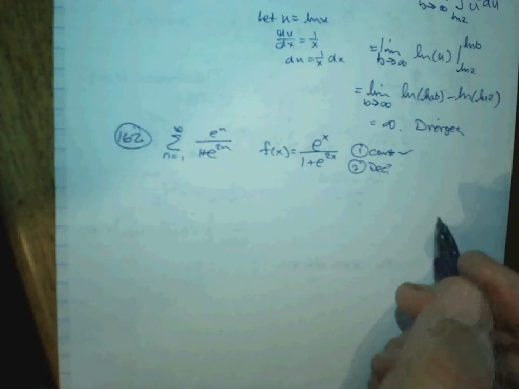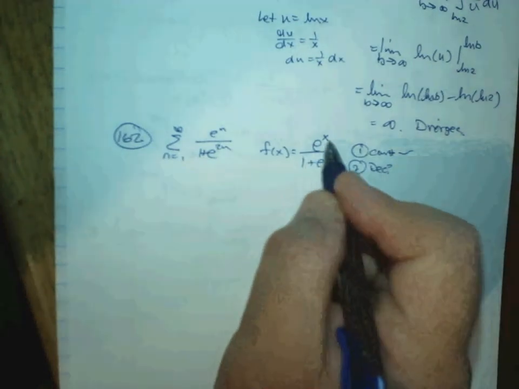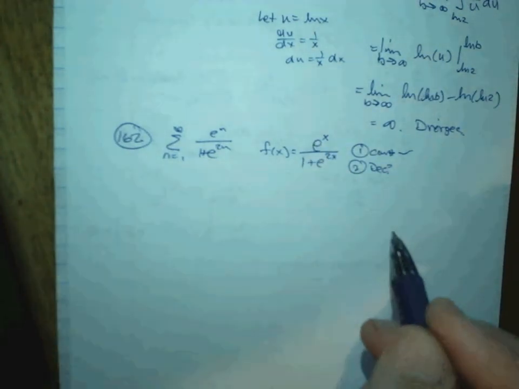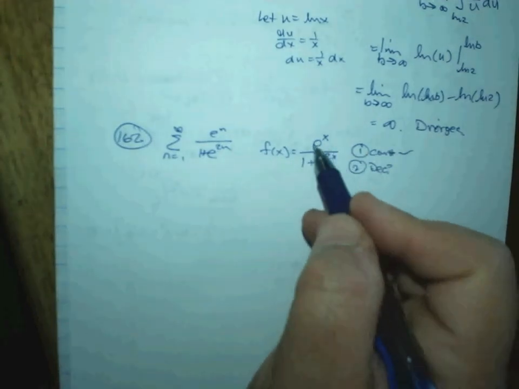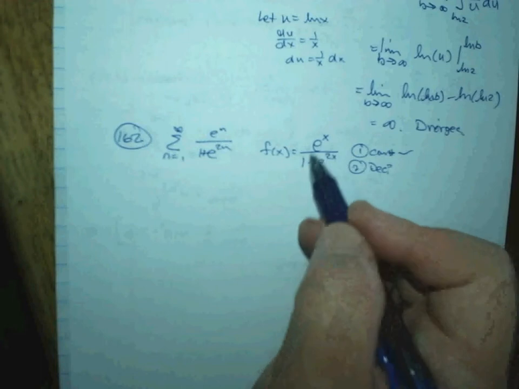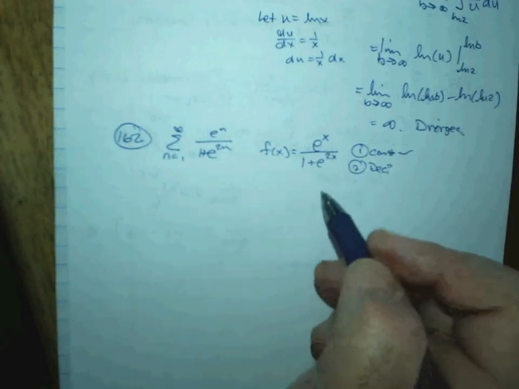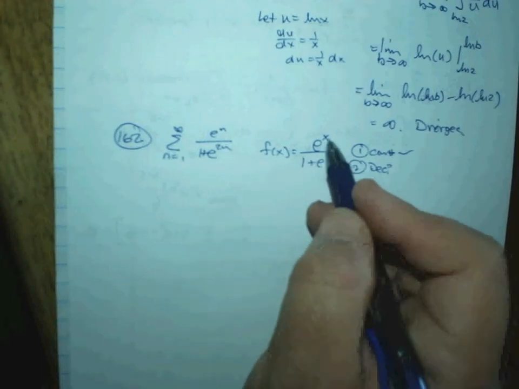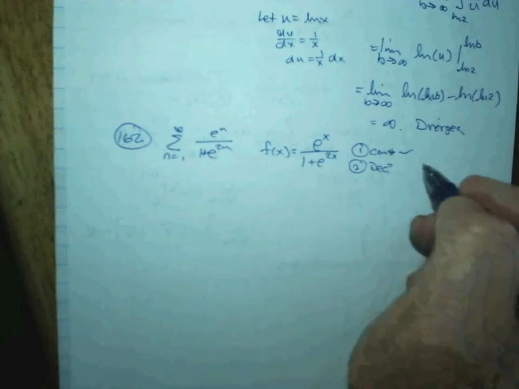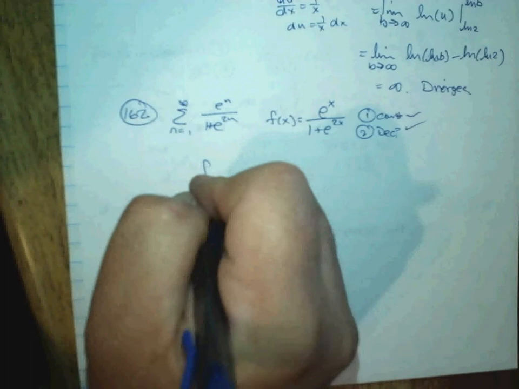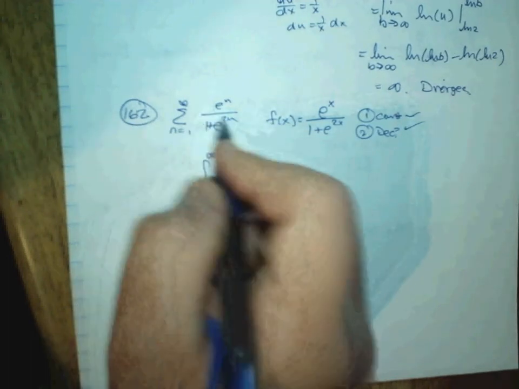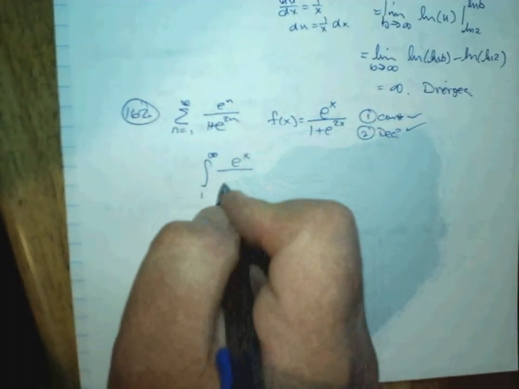What about decreasing? How would you determine that this is decreasing? Well, if the bottom is growing faster than the top, then the ratio is going to be decreasing, isn't it? E to the 2x grows faster than e to the x, so that's decreasing.